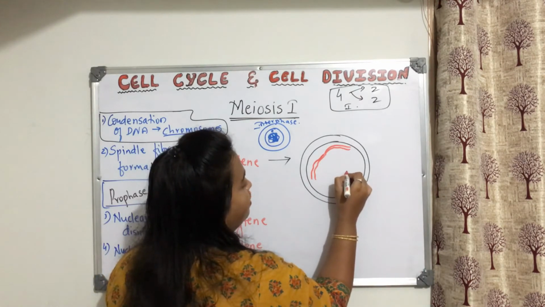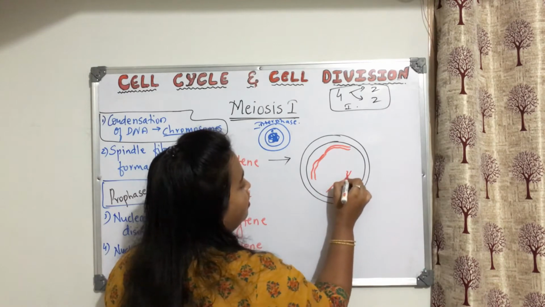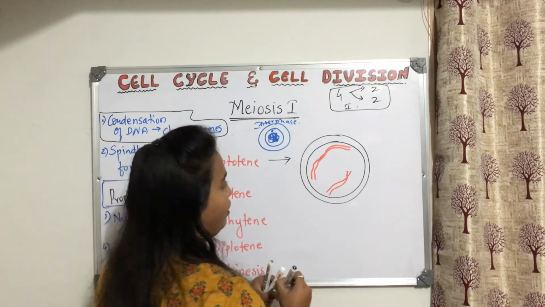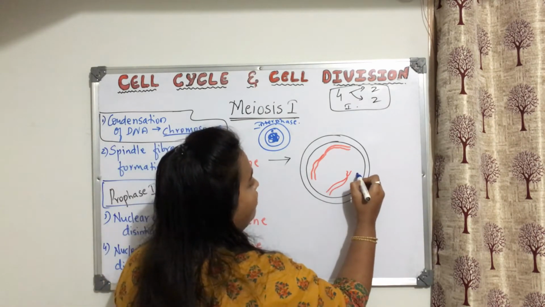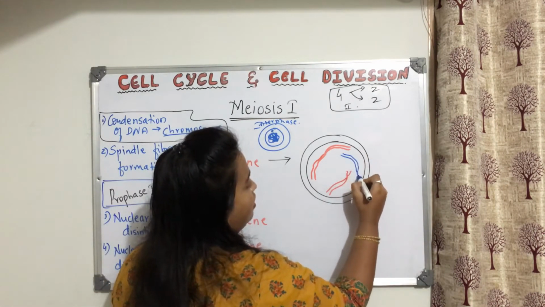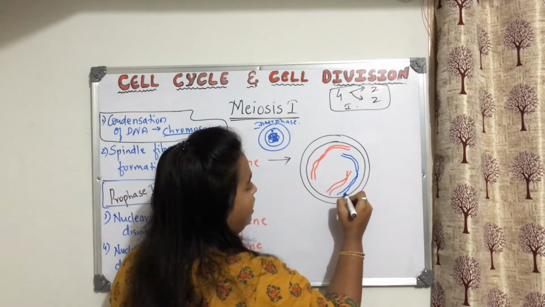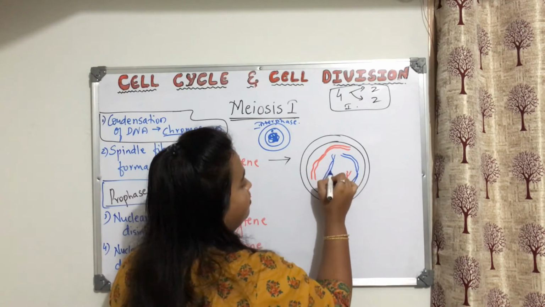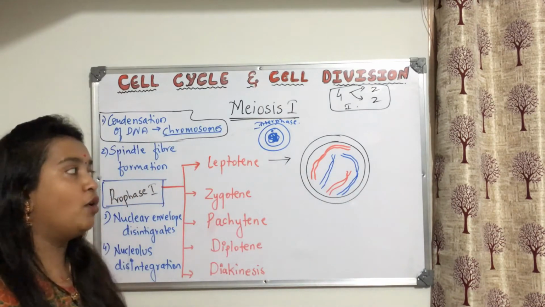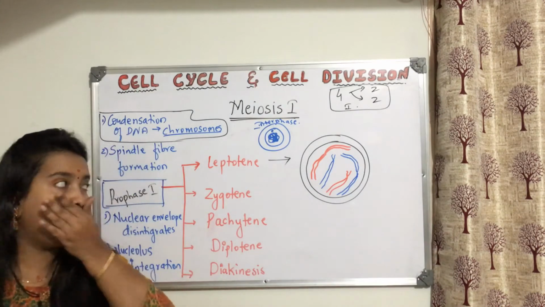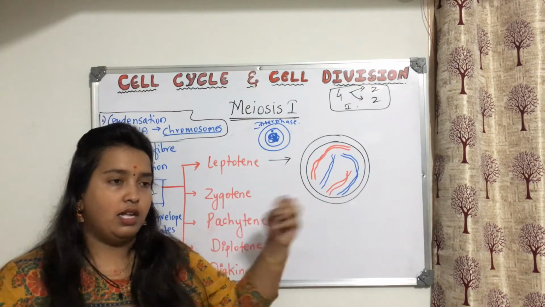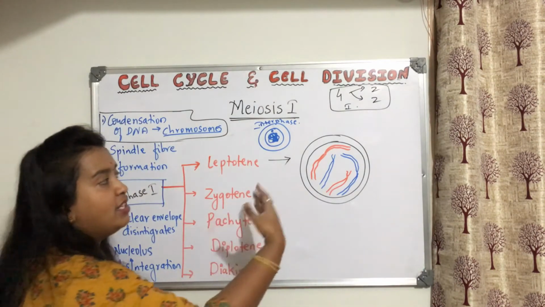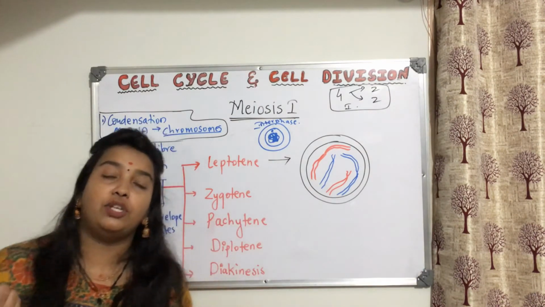Then we have, okay, I am showing 4 chromosomes, so I will be showing 4 only. Chromosomes in the stage of leptotene are not yet chromosomes. Condensation has just now started. You know that DNA condensation means what?